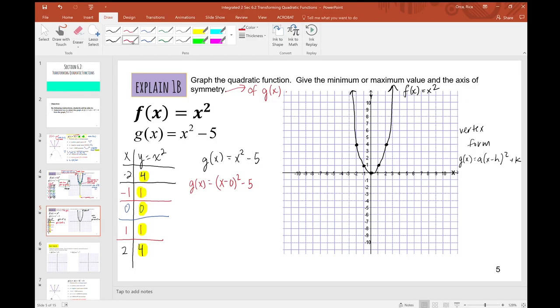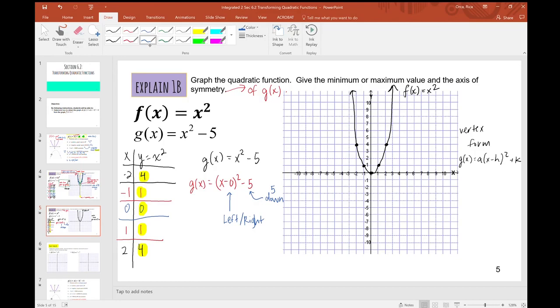Okay, so that minus 0 is going to tell us whether or not we're moving left or right. And then that minus 5, because it's outside of the parentheses and it's negative, it's telling us to move the graph 5 units down. So for left or right, it says 0. We're not moving left or right. But we are going to move all of our points 5 units down.